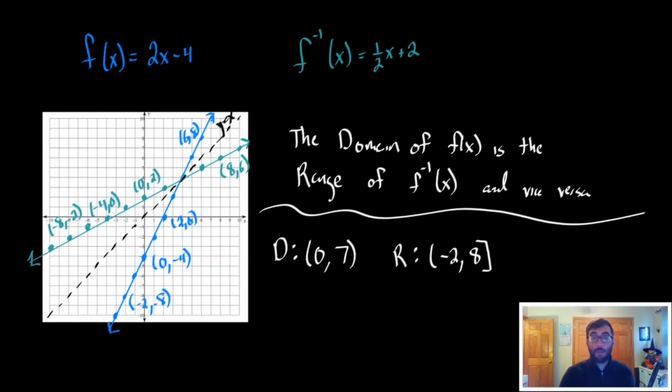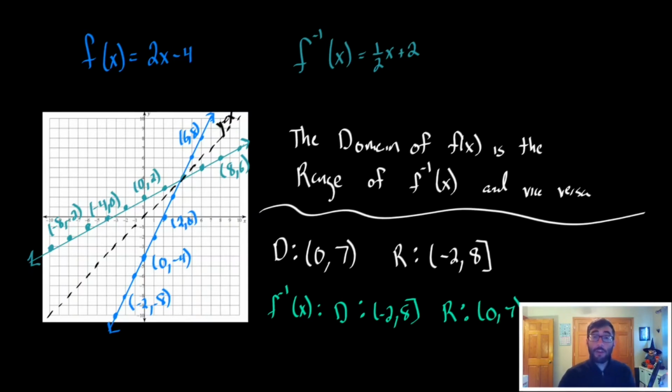What that means is that the inverse of f of x would have a domain of -2 to positive 8, which was the range of the original, and a range of 0 to 7, which is the domain of the original.